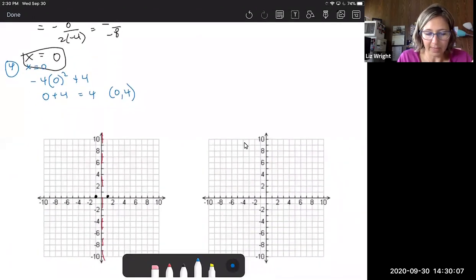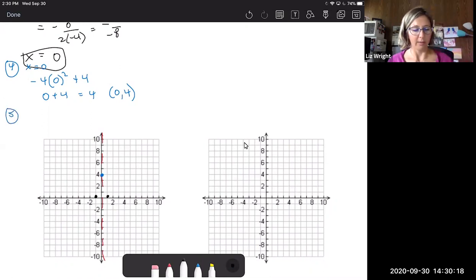So we're going to go graph that, 0, 4. It's going to move on me again, I'm sure. All right. And then step number 5. Step number 5, pick another x value so we can graph another ordered pair. So we've used x equals negative 1. We've used x equals 0, x equals 1. What's the next one we should use?